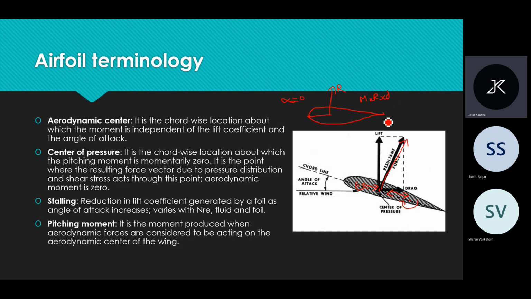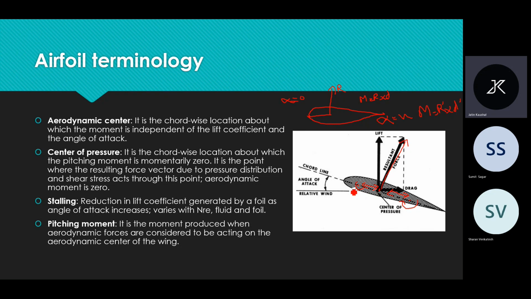As the angle of attack increases to some value, this total resultant force will change to R dash, and this distance will also change to d dash. So we can see that as the angle of attack increases, the moment also changes.